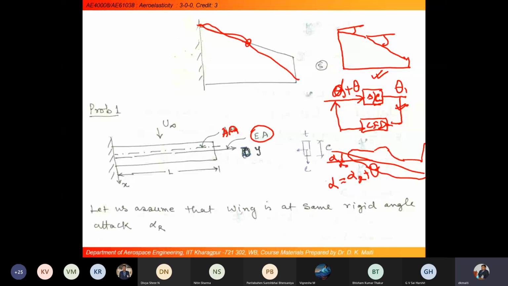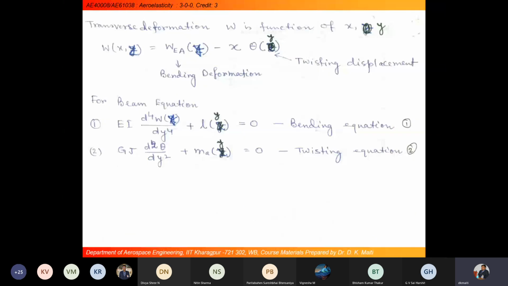In this case, the transverse deformation W is a function of x and y, the platform coordinates, and W elastic axis, at the elastic axis, we will consider the deflection reference, that is the reference axis.